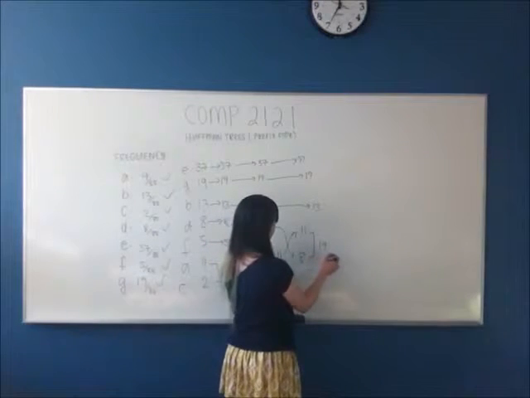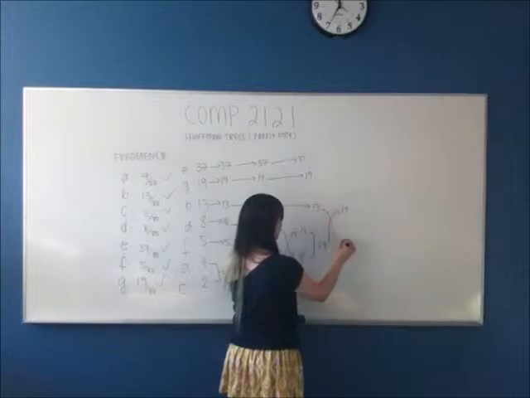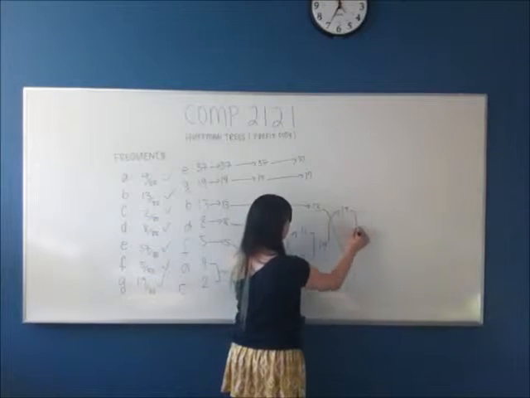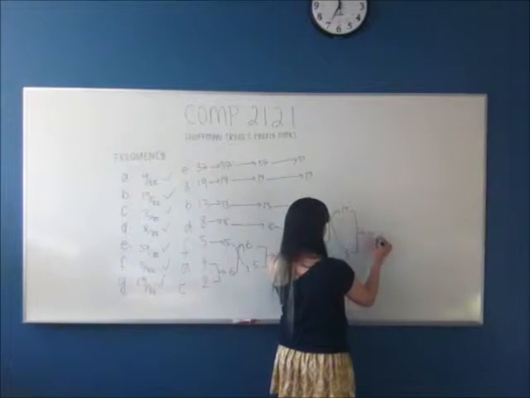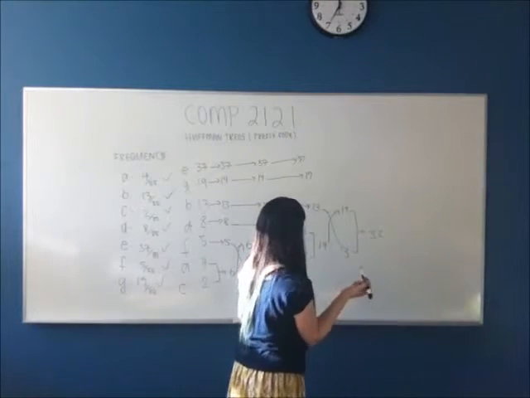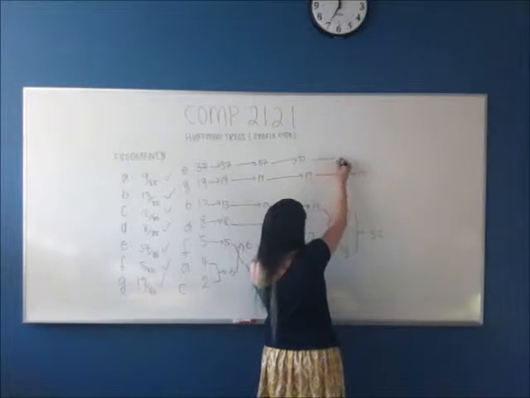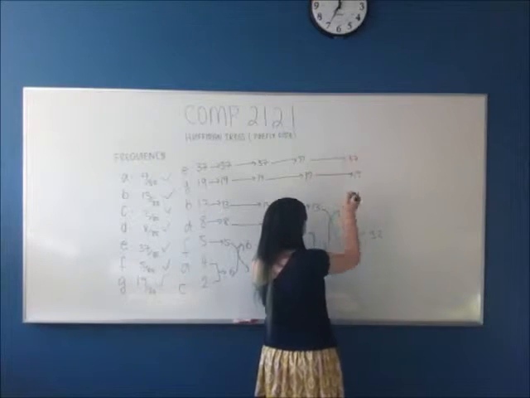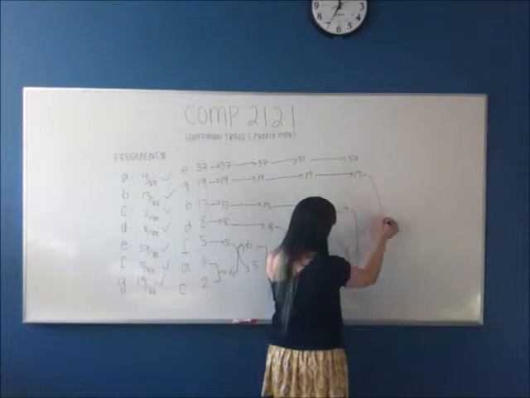So you switch spots. You add them together, which gives you 32. And 32 is greater than 19. So you switch spots again.